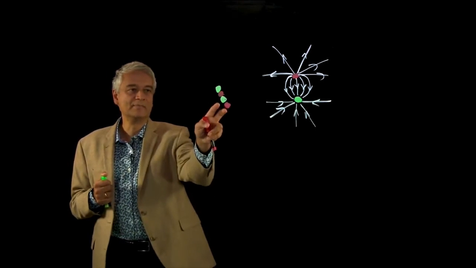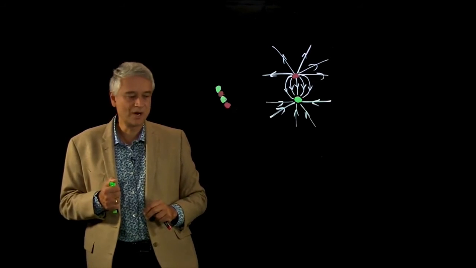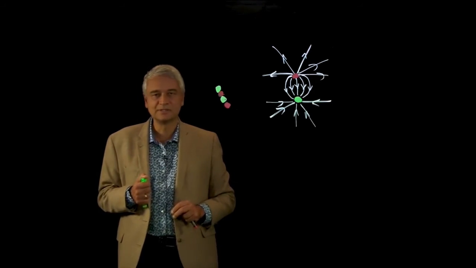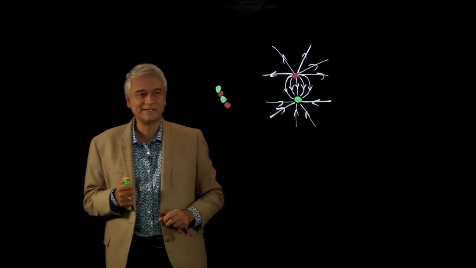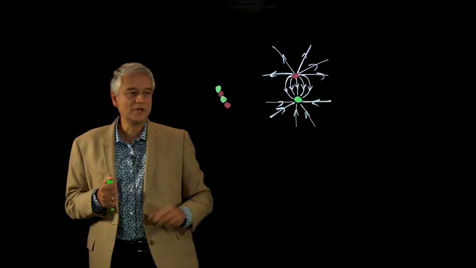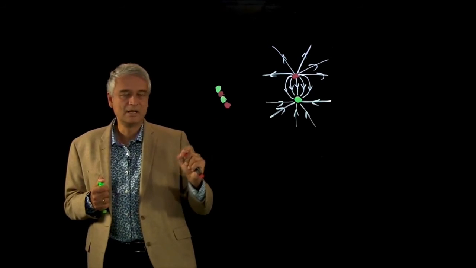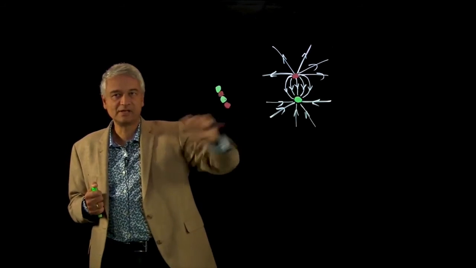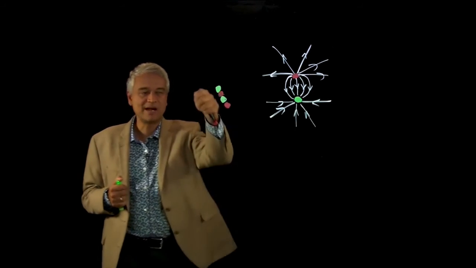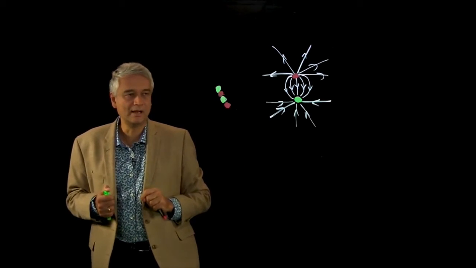Now, it's true that the molecules I used here had only 1 positive and 1 negative, whereas water is 2 H's and an O, so water is a little more complicated than this. Maybe this is something like CO, carbon monoxide. So the first thing I described was the formation of the COs. Then one CO felt the presence of another, they lined up, and then they attracted each other, and we ended up with a larger molecule.